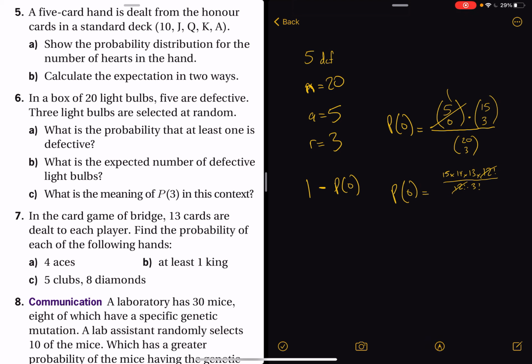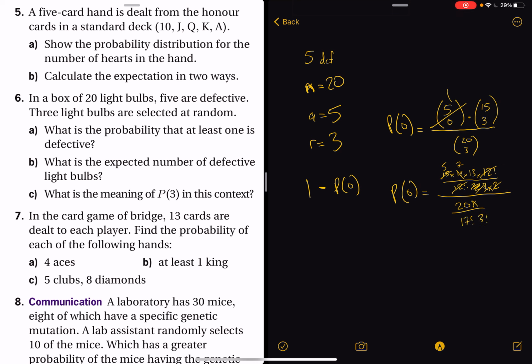And that equals 6, which is 3 times 2, right? And we take out the 3 and we make it a 5. We take out the 2 and turn it into a 7. So 5 times 7 over 20 factorial over 17 factorial, 3 factorial.